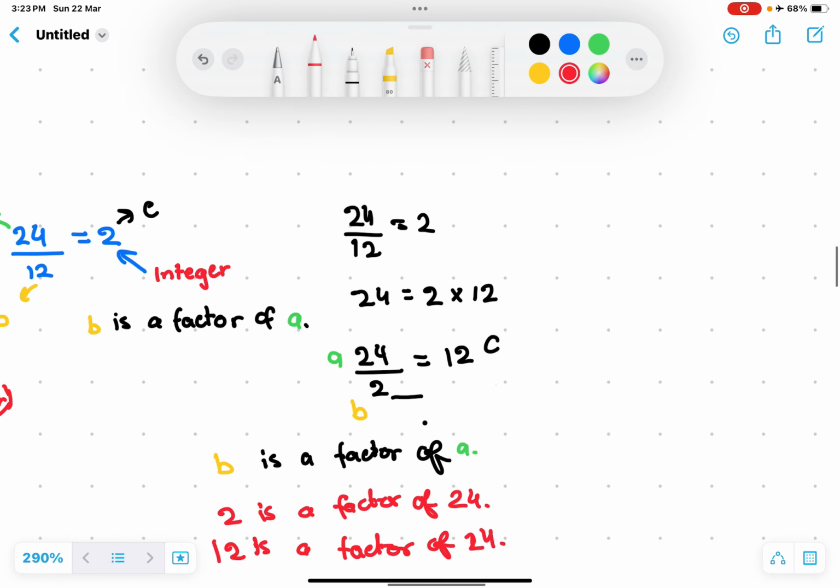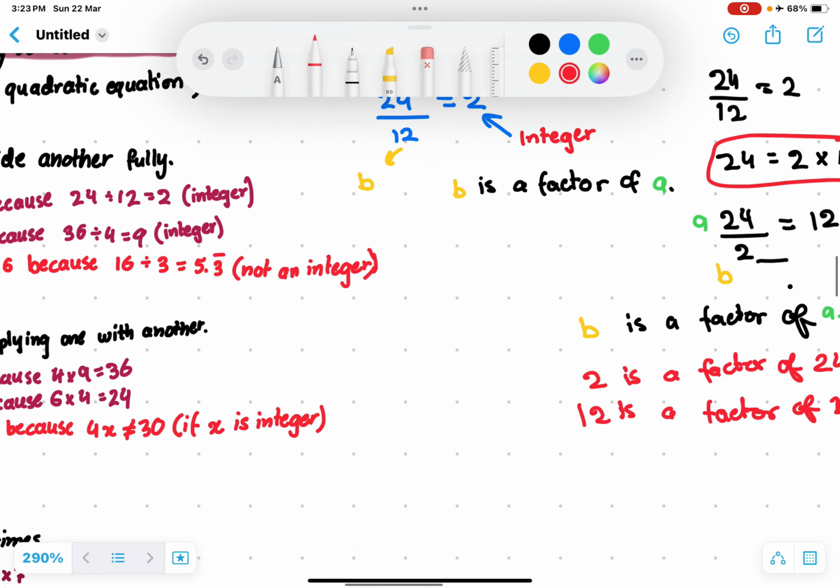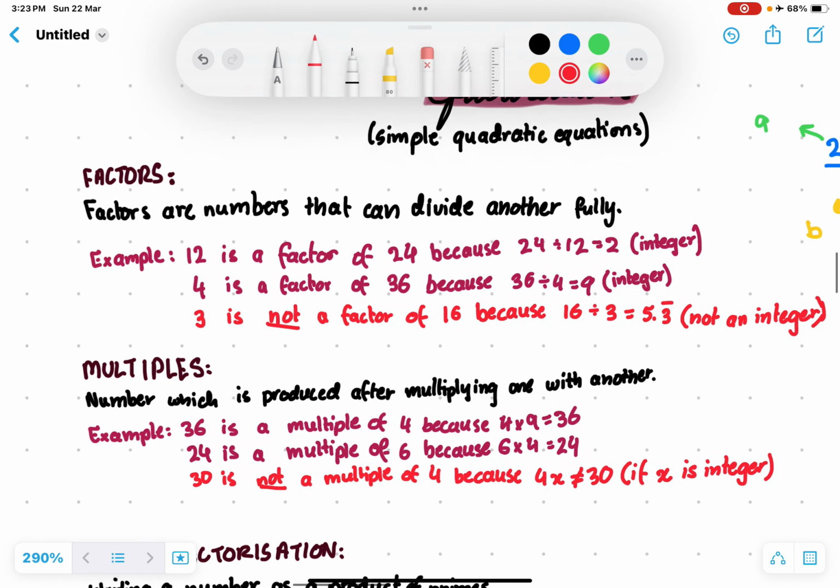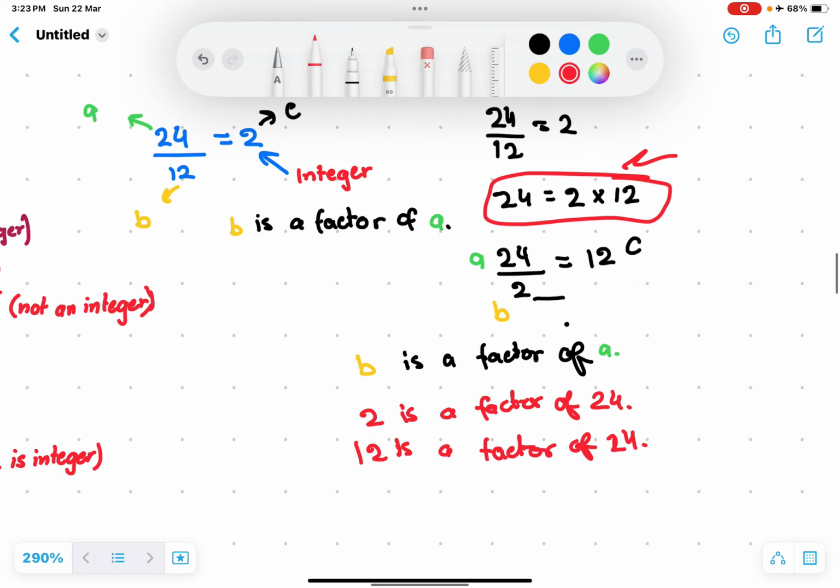But now, look closely at this little bit. Okay, and now let's move on to the next bit. Just remember this little bit, just draw some attention. We've written it out as a product. So 24 is written out as a product of two numbers, and these two numbers are factors.